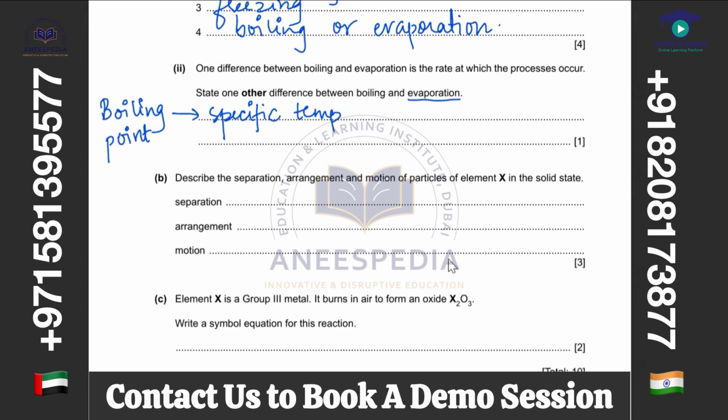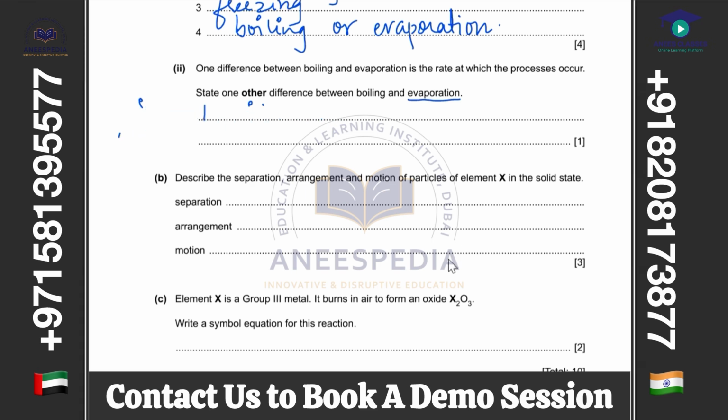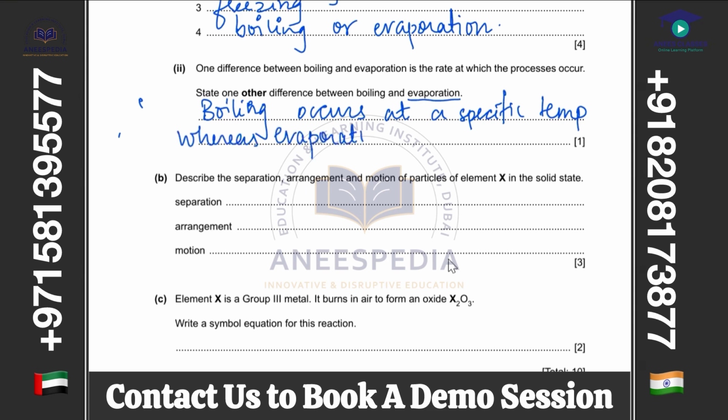It occurs over a range of temperatures. So the difference here would be: boiling occurs at a specific temperature, whereas evaporation is over a range of temperature.